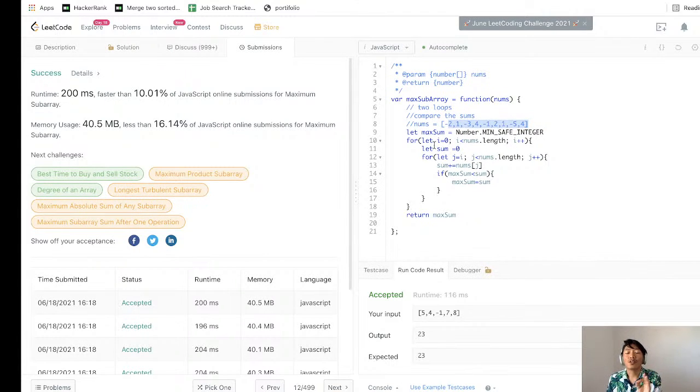So when we run from here, this is the sum. So this process is already done. So we need to find a way.